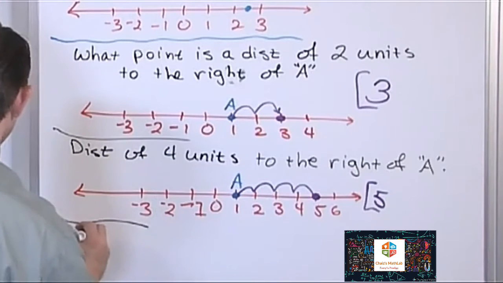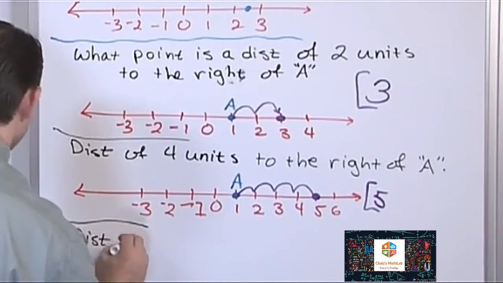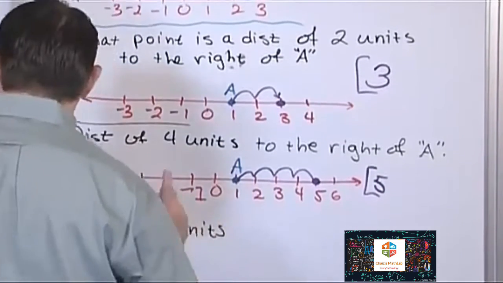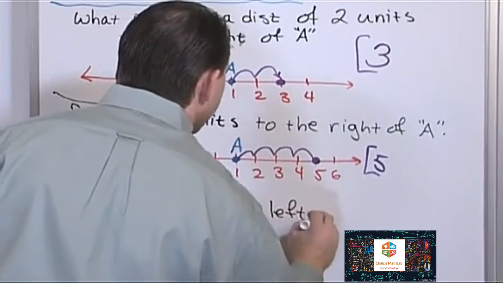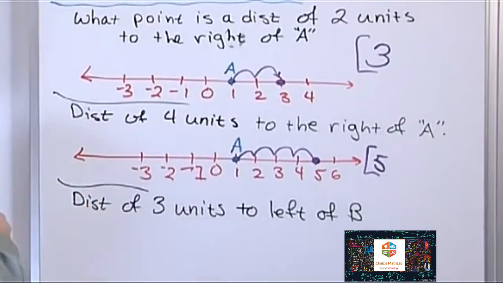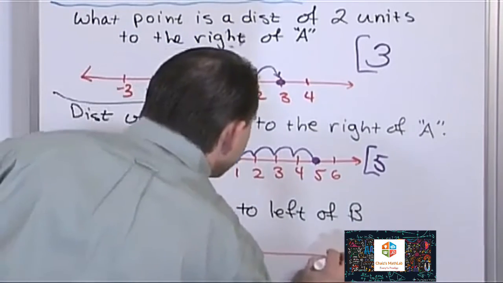So what point is a distance of 3 units to the left of B? And I haven't drawn it, so let's draw it. Let's say we had a number line given to you on a test.